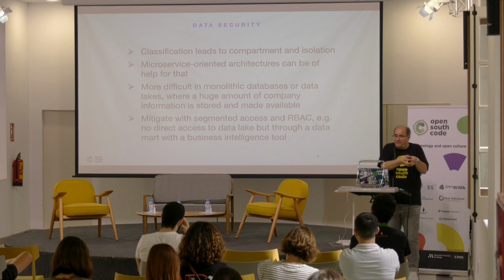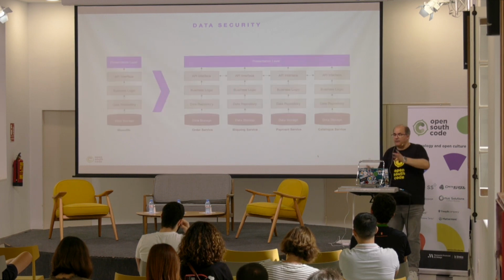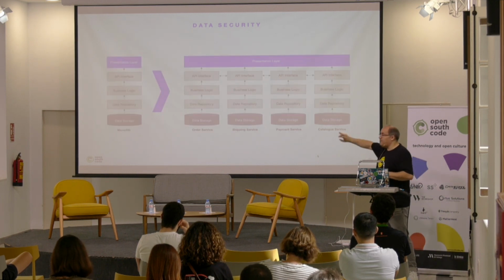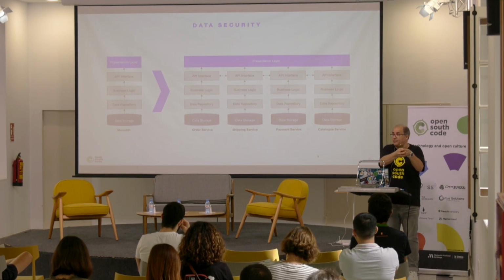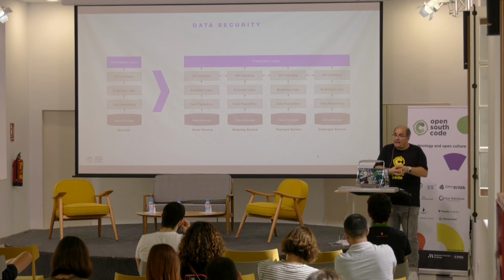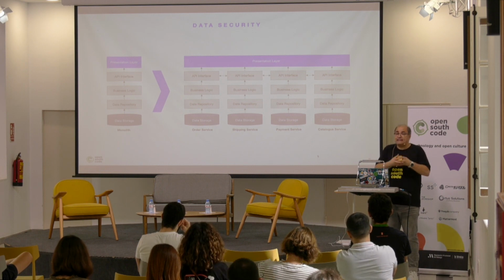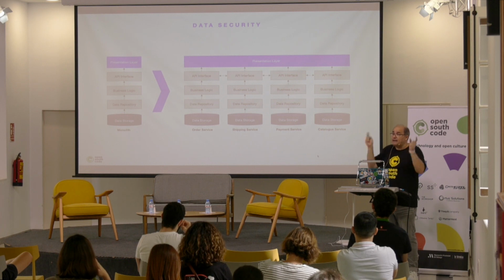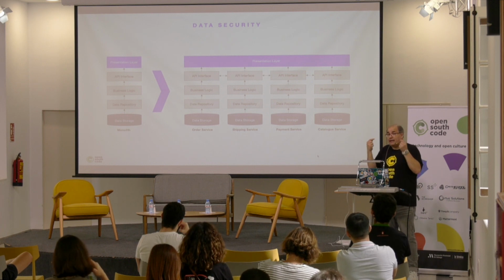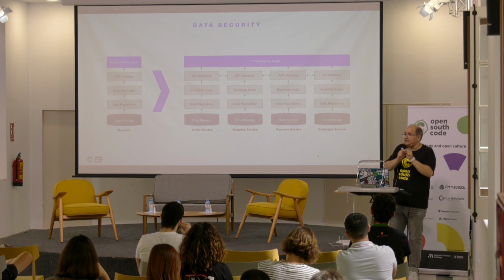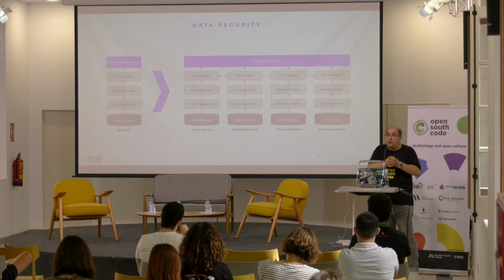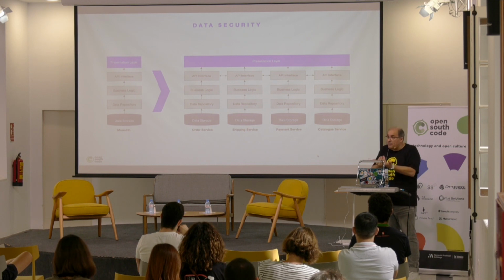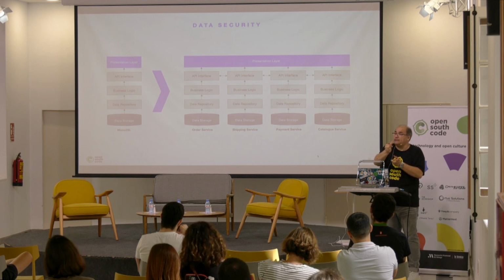If we have not the monolith to the left, but we have a microservice-oriented application where each microservice is responsible for its domain, and as part of its domain is also the database, it starts to be very easy to be sure that nobody is making inappropriate use of important data, sensitive data, classified data. Because we are exposing all data only through an API, and we can control very well with a lot of granularity which API exposes important data and which not.